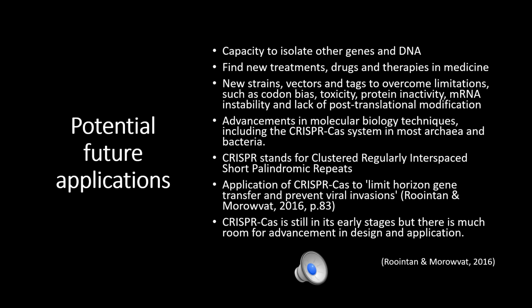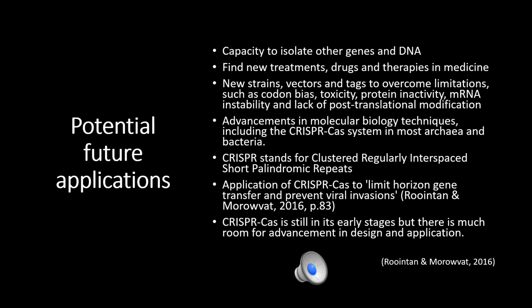An example of a technique that can be advanced is the CRISPR-Cas system, or the clustered regularly interspaced short palindromic repeats system. This system is part of the immune system originally discovered in E. coli and is in most archaea and bacteria. In prokaryotes, it relies on short RNAs, which target and silence the unwelcome DNAs in a specific manner.